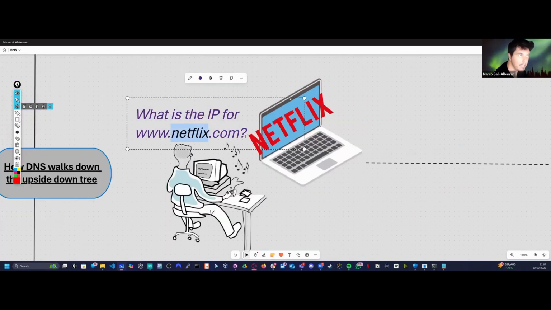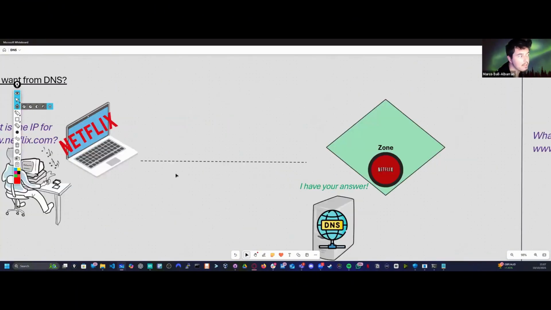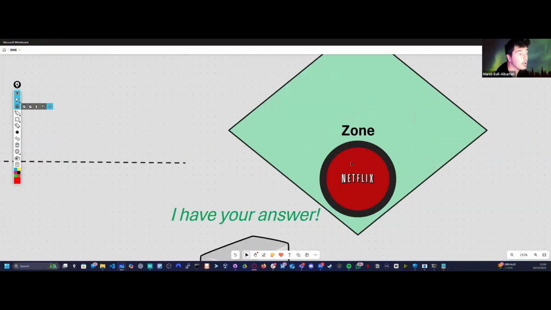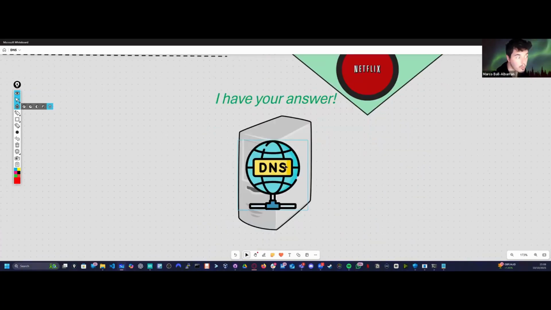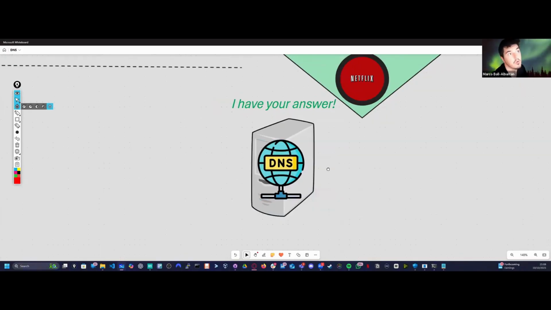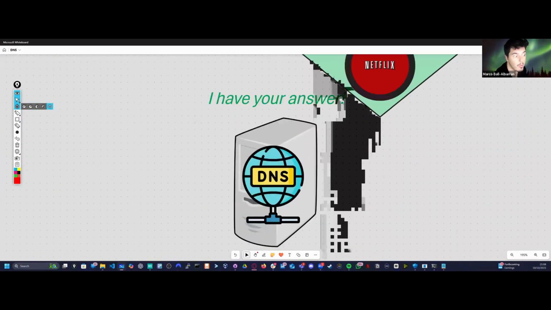We need an IP address because that's what computers want. We want the IP address for the service behind this name. Okay, so in this example, we have www.netflix.com. What is the IP address or the set of IP addresses that we can connect to in order to finally access Netflix? So somewhere in the world, there is a DNS zone for Netflix.com, which has the answer that we want. That itself contains records which link www.netflix.com to probably a bunch of IP addresses, which is what we want, okay?